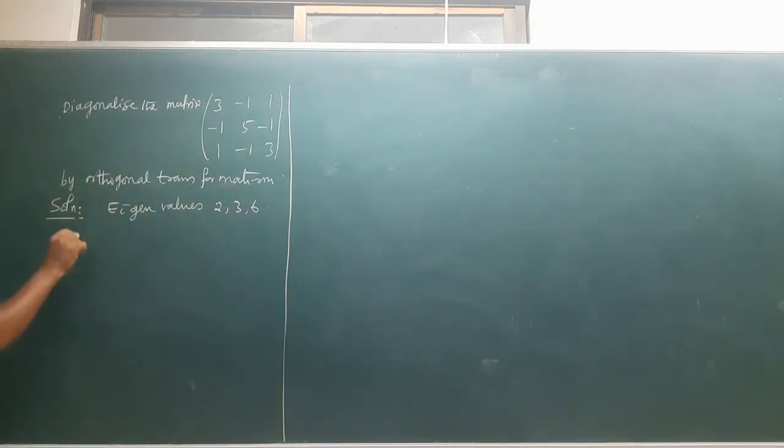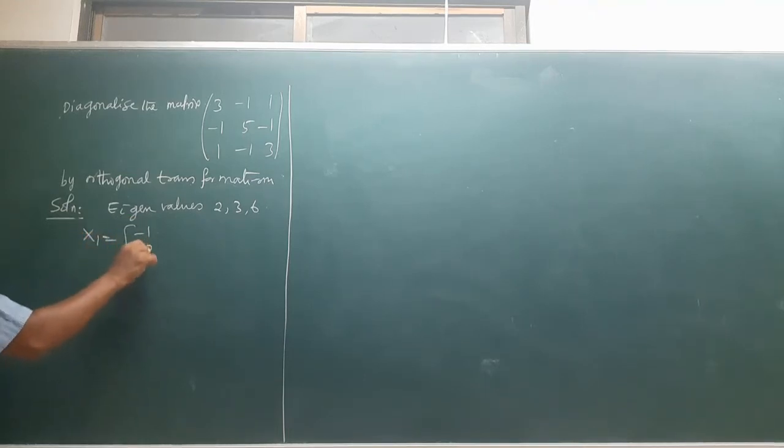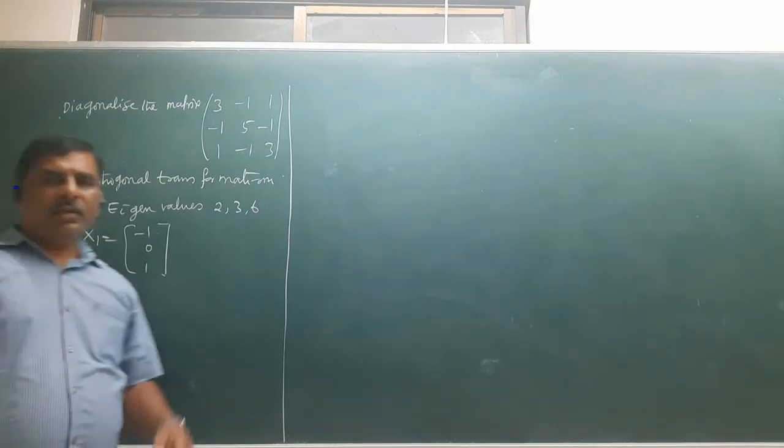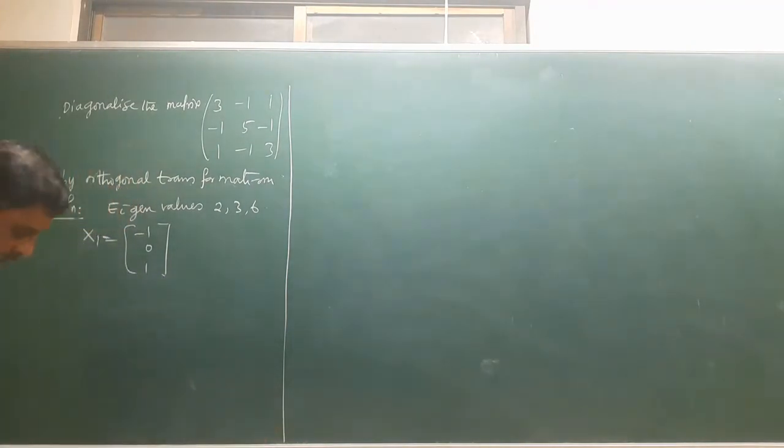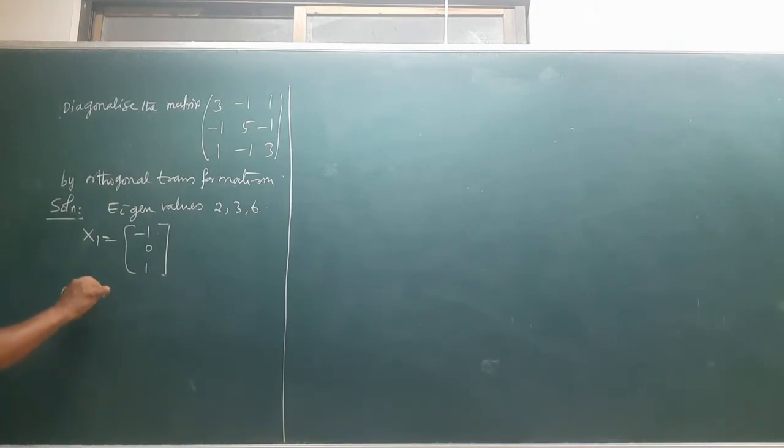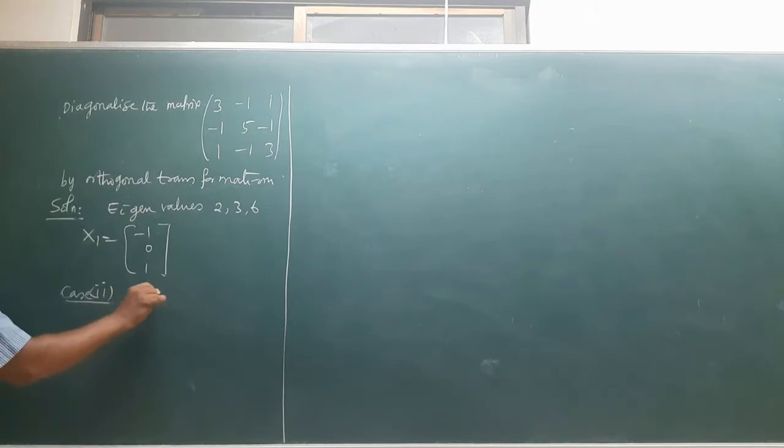The first eigenvector x1 is minus 1, 0, 1. Now we continue with case 2 and case 3. Case 2 is when lambda equal to 3.